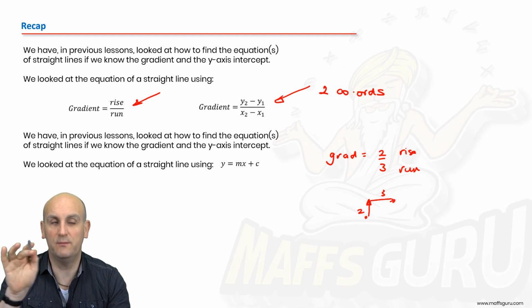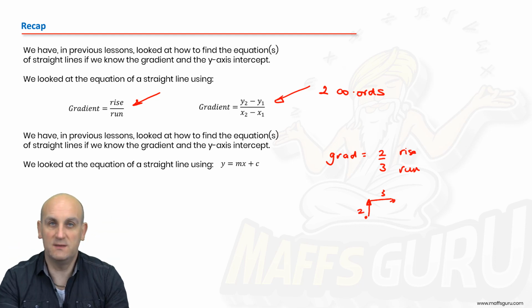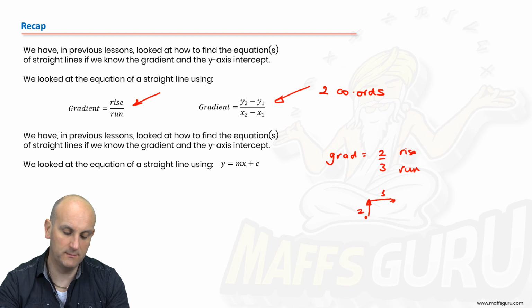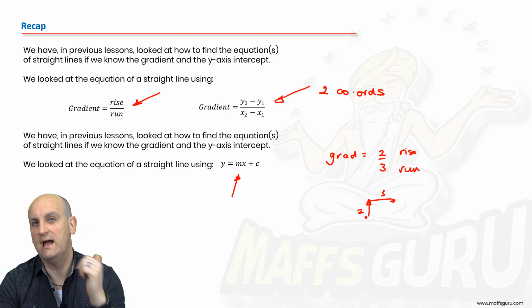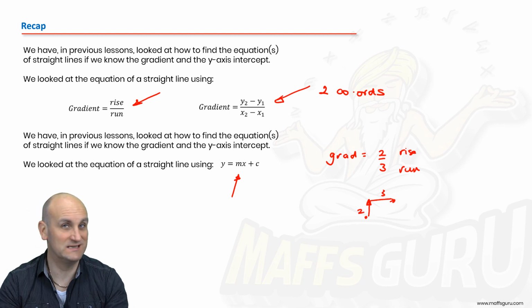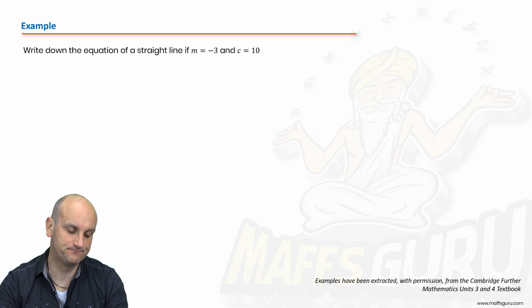And I can replicate that, 2 up, 3 across, 2 up, 3 across, 2 up, 3, to get as many points on my line as I like. Awesome. And then we have this equation here, which as I just explained a moment ago, is beautiful if they give you the gradient and your y-axis intercept. But sadly, they're not always going to do that.